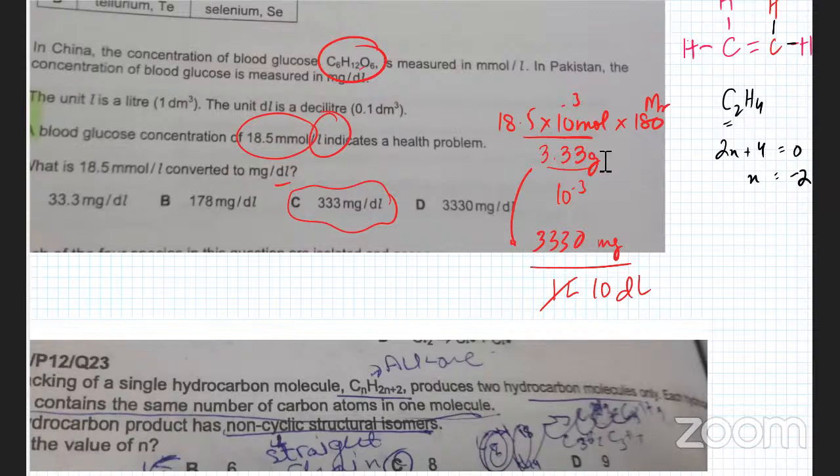So what is 3.33 grams in milligrams? You divide by 10 power minus 3. So it comes out to be 3,330 milligrams. Is that clear? Yes, sir. So that's the first part. We figured out the milligrams: it's 3,330 milligrams if you convert 18.5 millimoles.